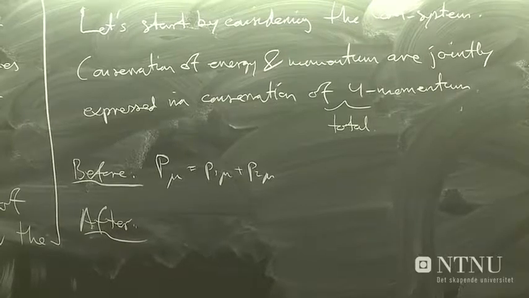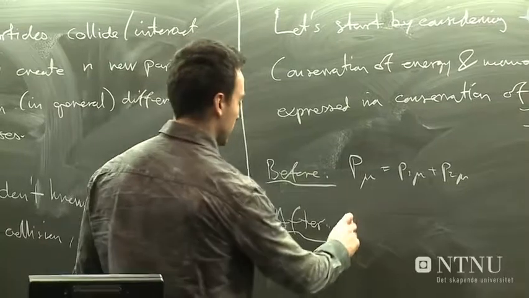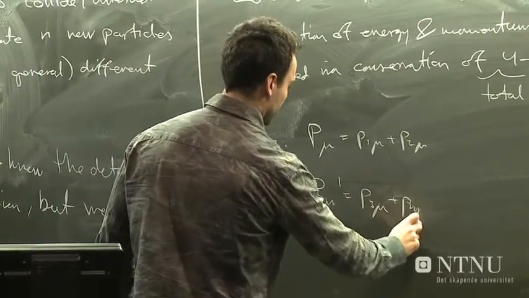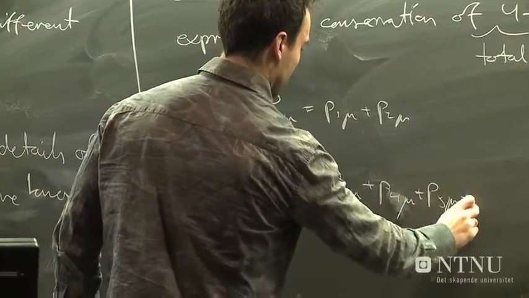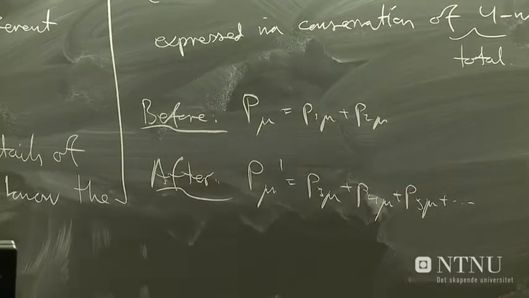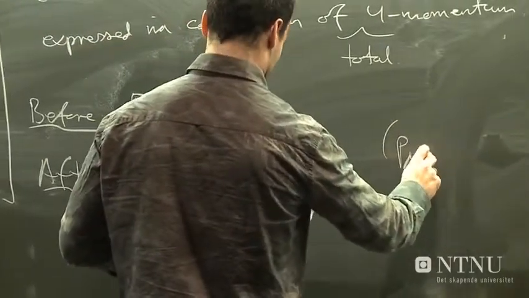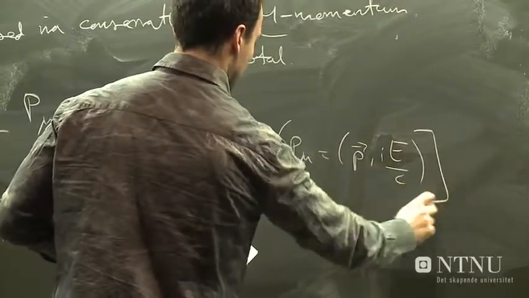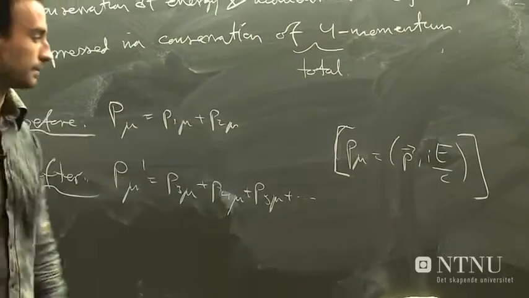And as t goes towards infinity, or put into words, sufficiently long time after the collision, we have this, where each of these four-momenta have their general definition like this.